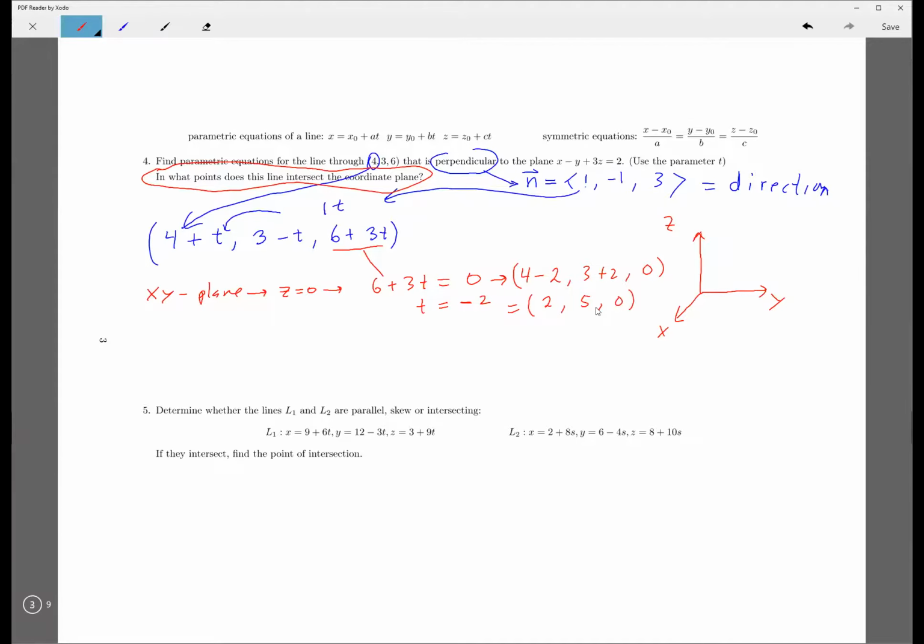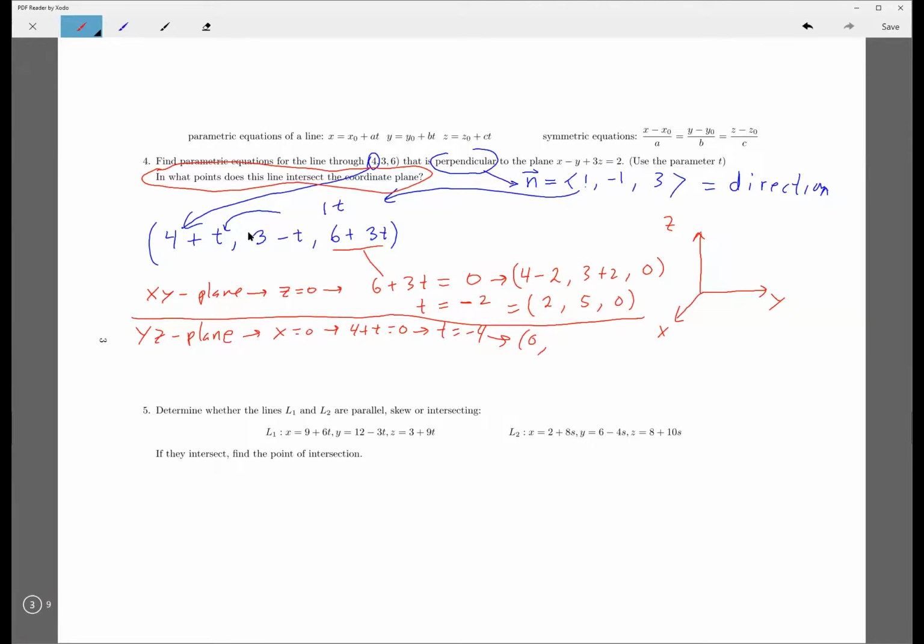And then the next one is where it crosses the YZ plane. Okay, it said that's correct. Yay. So now for the YZ plane, what do we do? You set the x equal to 0. Yes, and so that's like taking the 4 plus t and setting it equal to 0. That gives us t equal to negative 4. And if we plug that negative 4 into the thing, it gets 0.